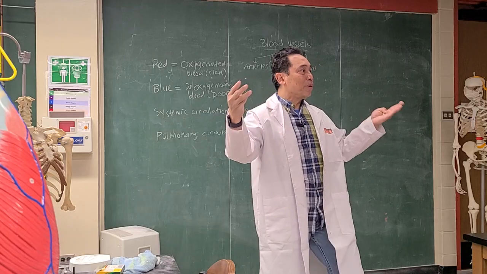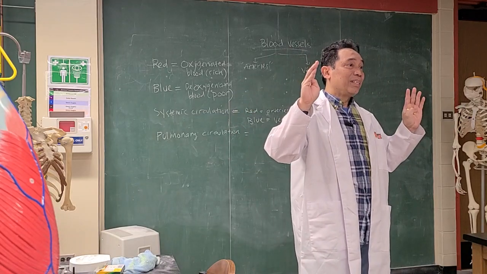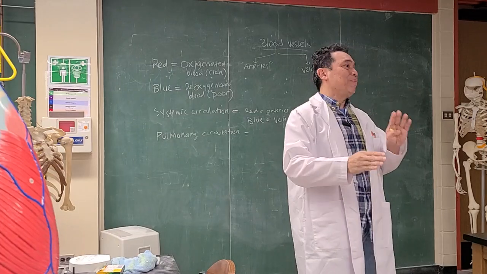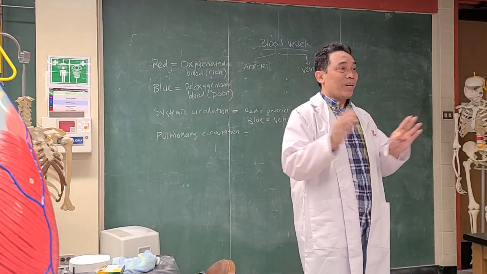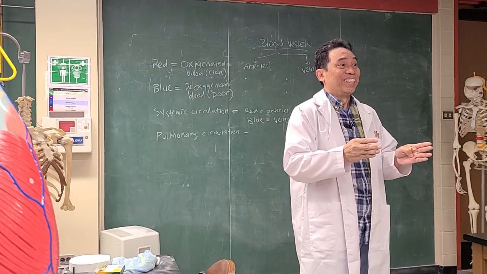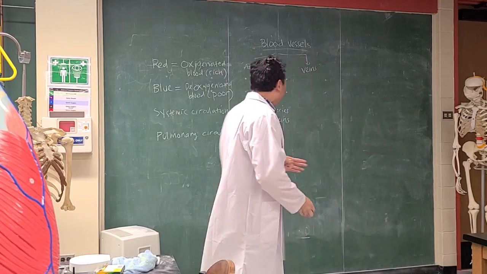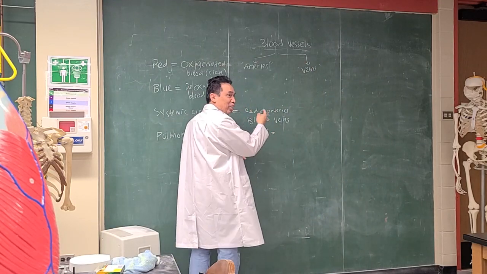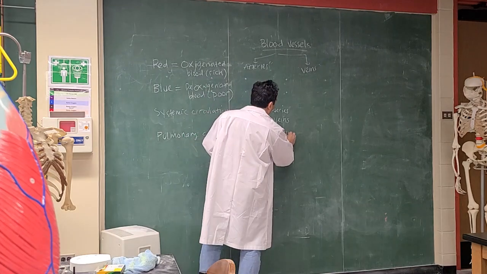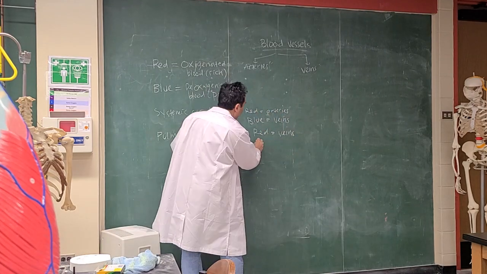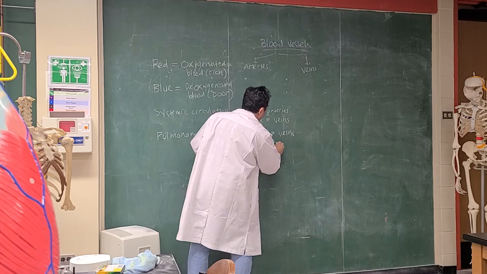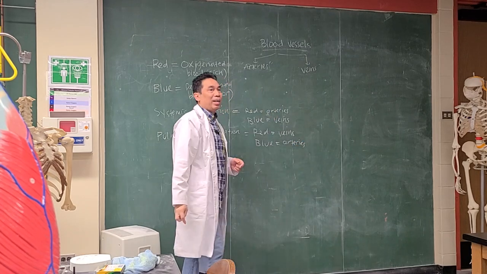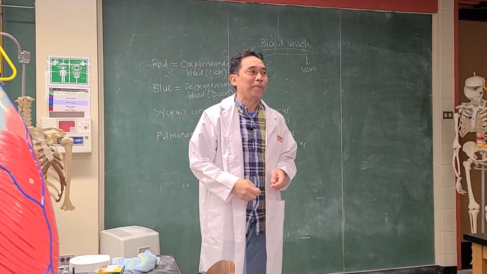It's going to be poor blood. Artery will be? No. Remember, red means rich. You are not rich. You are poor now. So the red is actually going to be veins. The blue is actually arteries, because the veins come from the lungs carrying a lot of oxygen.